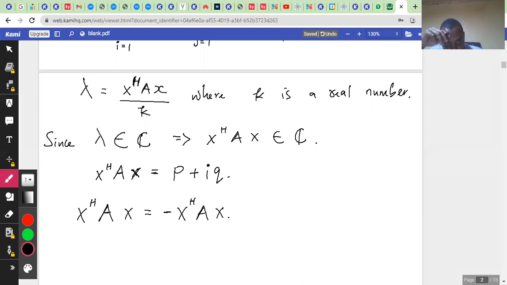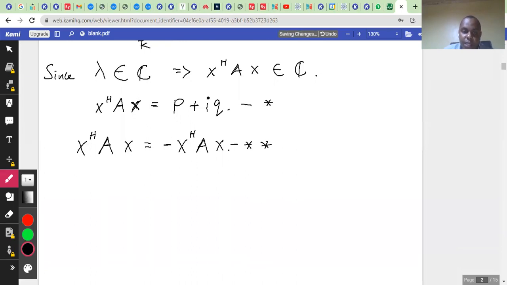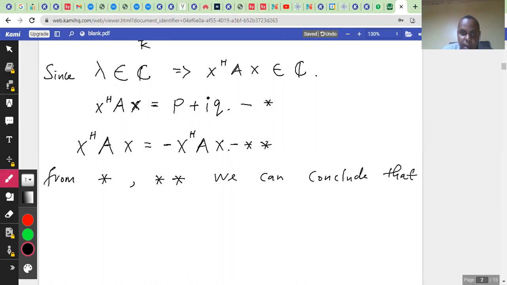Yes, I agree. And so let me call this statement star, and then I will call the second statement star star. So if you look at these two statements, we can conclude that p plus iq equals p minus iq, right?